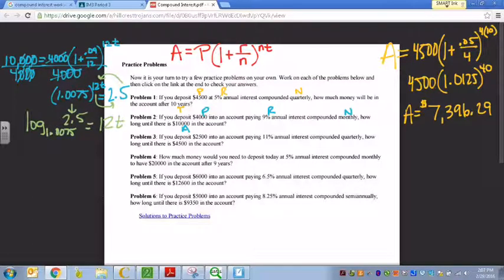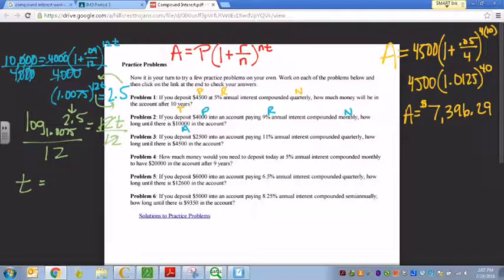So now I actually have a logarithm, and notice how t is now almost by itself. We just have to divide by 12 to eventually get it. So in order to solve for time here, we have to do the logarithm up on top. And some people have a fancy calculator where we're able to do it, but I'll just use the change of base formula, which would tell me to do log of 2.5 divided by log of 1.0075.